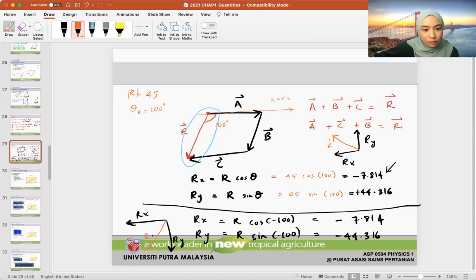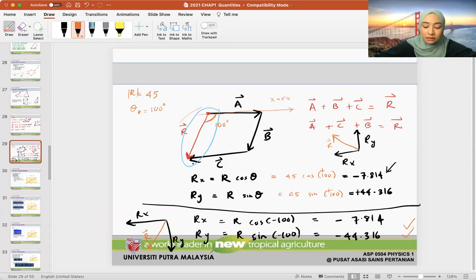So does this look better? It looks like the second way of doing it is correct, right? This one looks like it's making sense. Whereas if I solved it using the positive 100, it gave me a vector that is pointing upwards, whereas we know that our vector is pointing downwards.